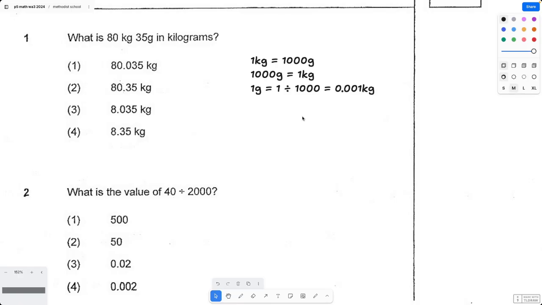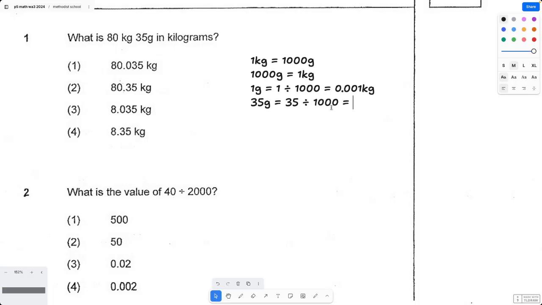In essence, we want to convert 35 grams into kilograms. So that means 35 grams is equal to 35 divided by 1,000.